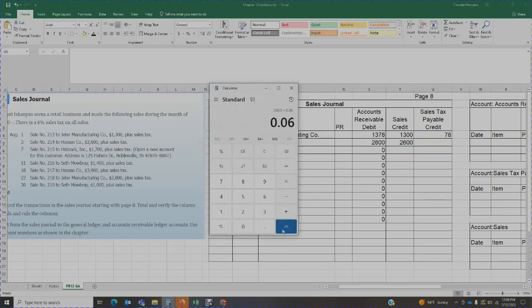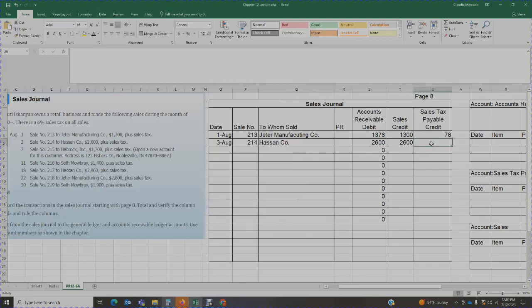You can do all of these calculations in the actual cells, but because I want to show you how I'm calculating them, I'm doing it in my calculator. So that's $156. How do we get the sales tax? The sales times 6% will give you your sales tax payable credit. So the total that I have to collect from Hassan is $2,756, which is the 2,600 plus the 156.